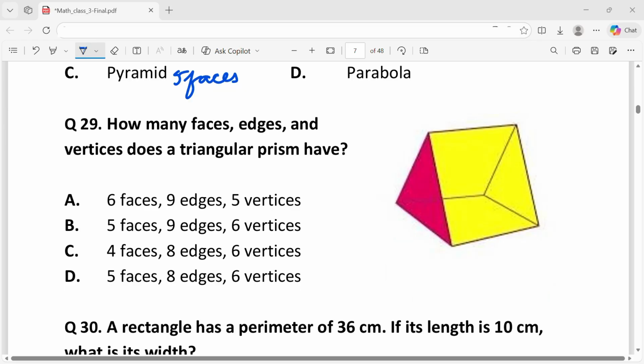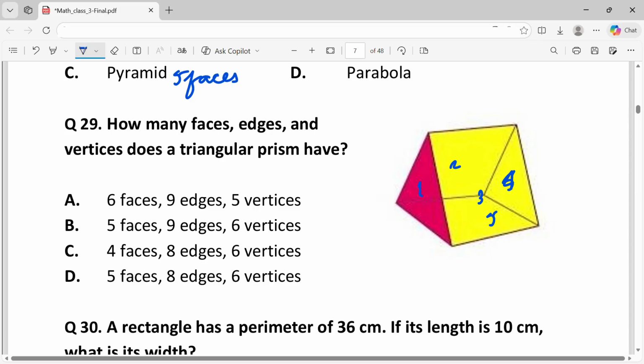Question 29. How many faces, edges and vertices does a triangular prism have? A triangular prism has, counting the faces, 1, 2 on the behind, 3 on the front, 4 on the side and 5 at the bottom. That is 5 faces.